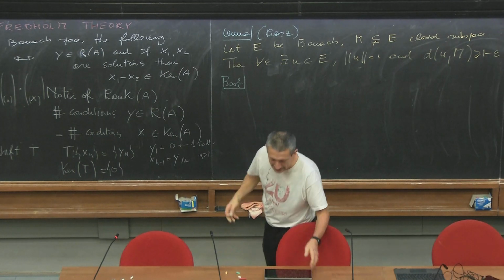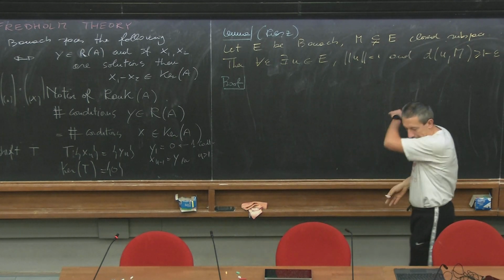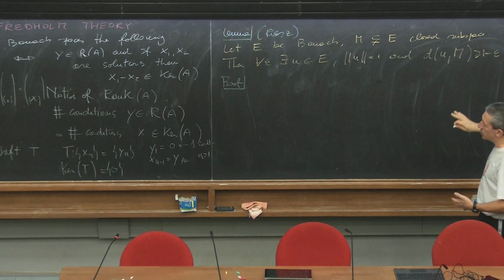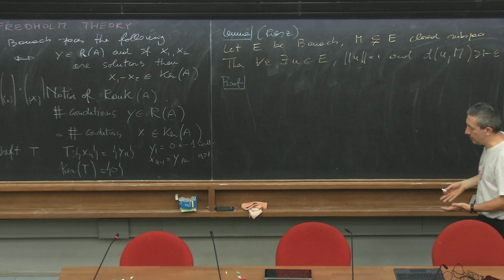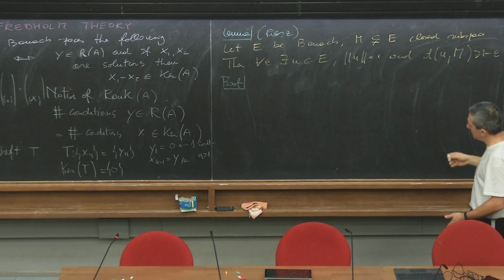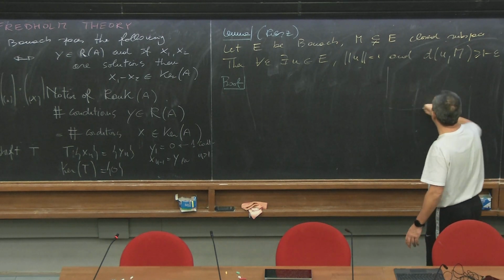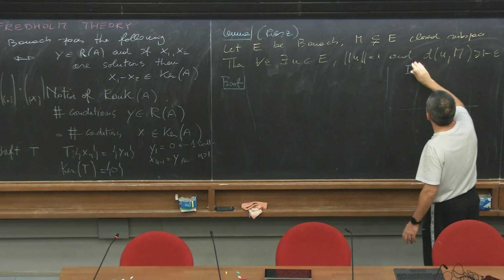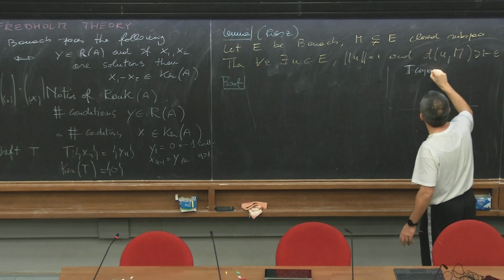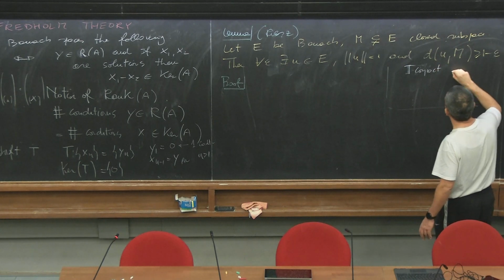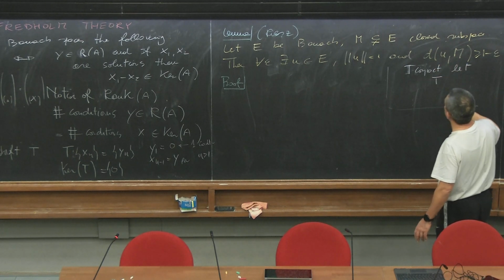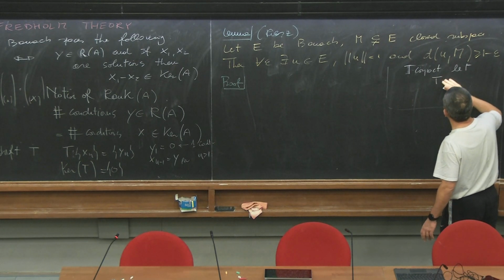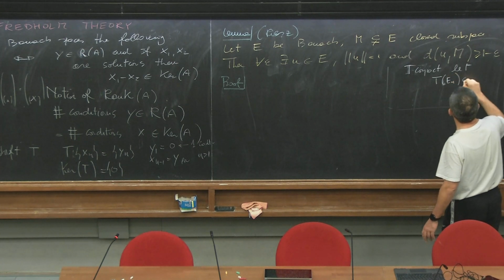Before the proof, just a comment on why this is important and where we use this property. Let me add a remark just to see where we are going. Suppose T is compact.